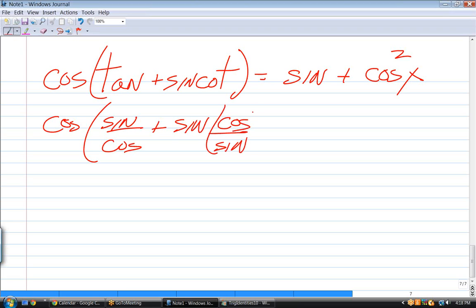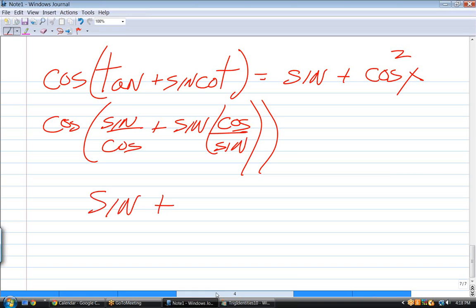Remember the purpose of these is merely to get you to know your trig identities. What next? So, wouldn't it be sine plus cosine?